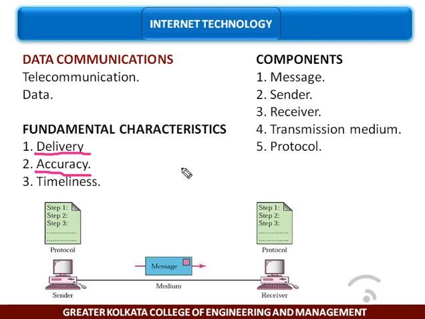And the third one is timeliness. The system must deliver data in a timely manner. Data delivered late are useless. In the case of video and audio, timely delivery means delivering data as they are produced, in the same order that they are produced, and received without significant delay.